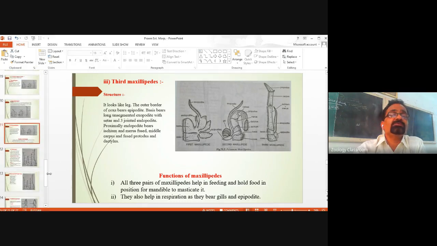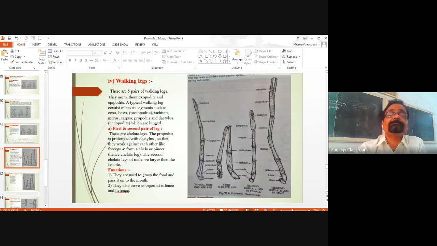Now let's move towards the next: walking legs. An important point as far as the animal is concerned, the second half of the thoracic appendages after the maxillipedes are the walking legs.